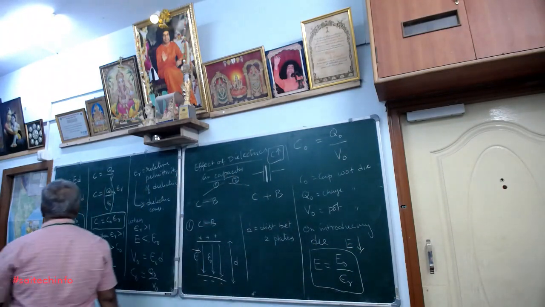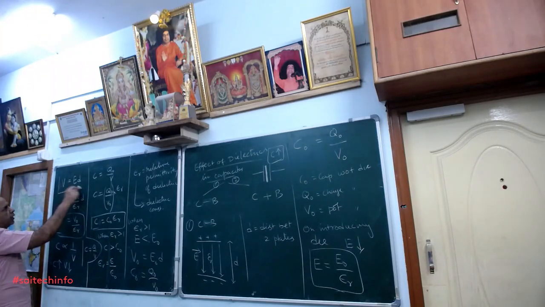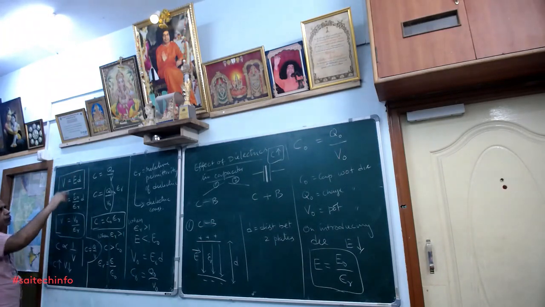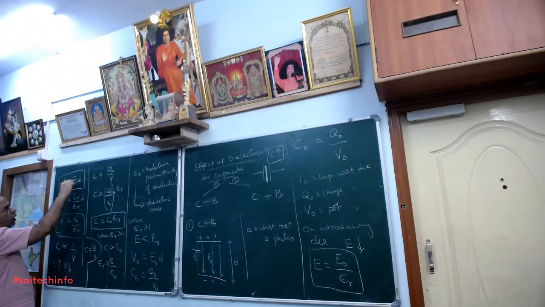Right. Now let me have this equation. Potential is given as the product of electric field and the distance between the two electrodes. So this E can be given as E naught divided by epsilon R. So I am replacing this.